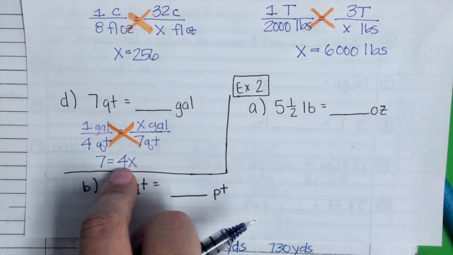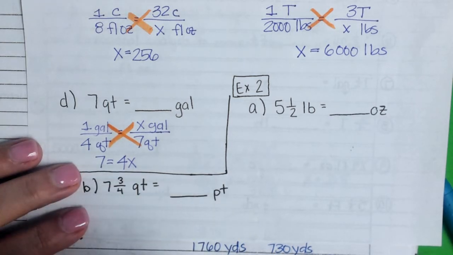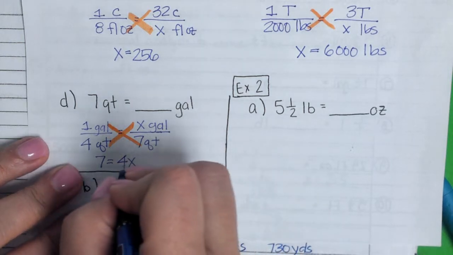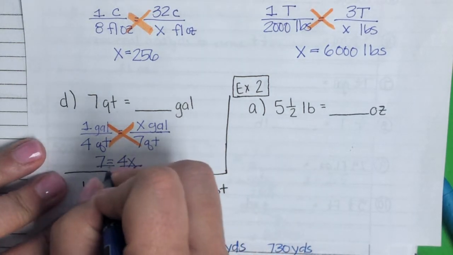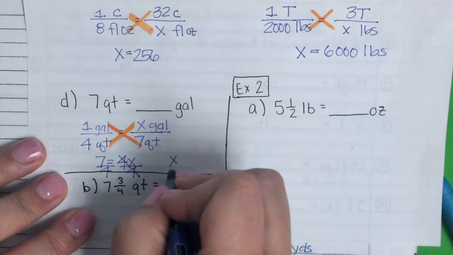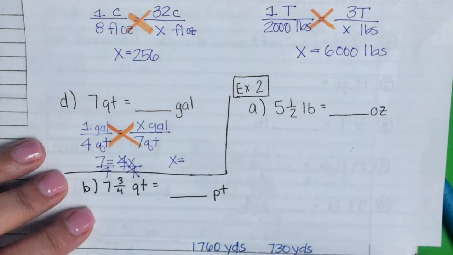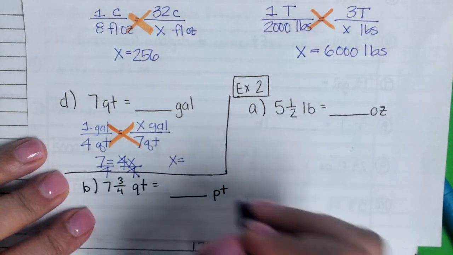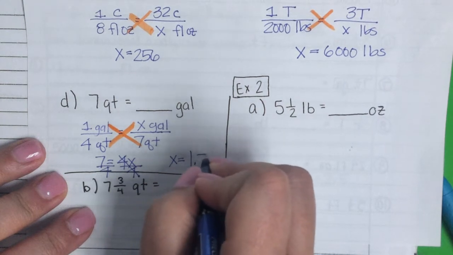This is a multiplication equation. How do you undo a multiplication equation? Division. What number do we want to get rid of? The 4, because it's with our variable. So we're going to divide both sides by 4. That cancels out. So 7 divided by 4 is 1 3/4, or 1.75.